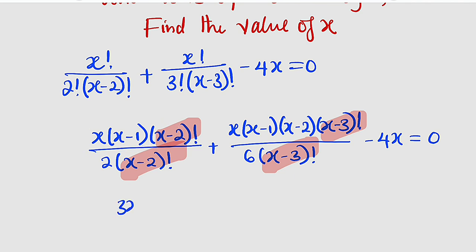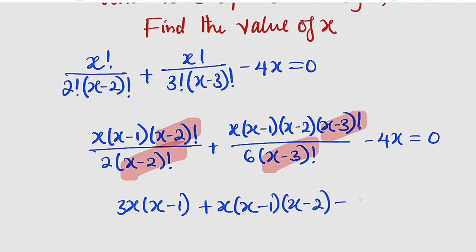So we have 3x times (x - 1) here, plus the 6 and the 6 will cancel, we have x times (x - 1) times (x - 2). Then we have minus 6 times 4x, which is 24x, equal to 0 times 6, which is still 0.